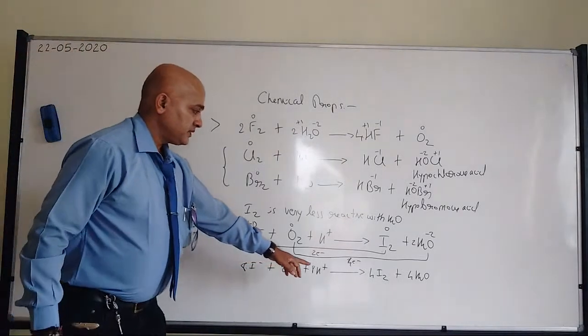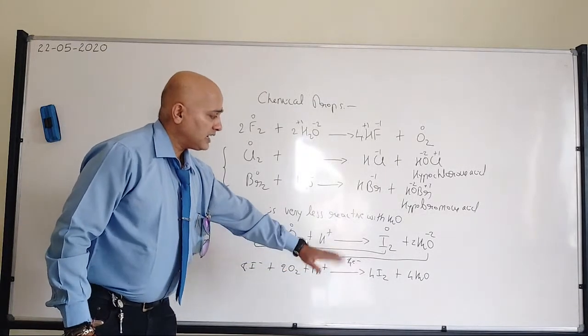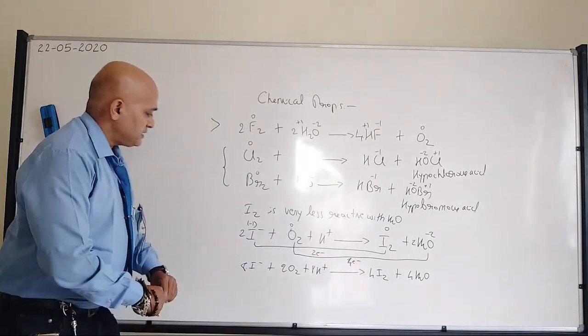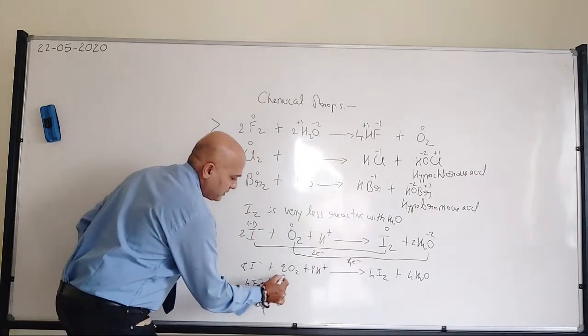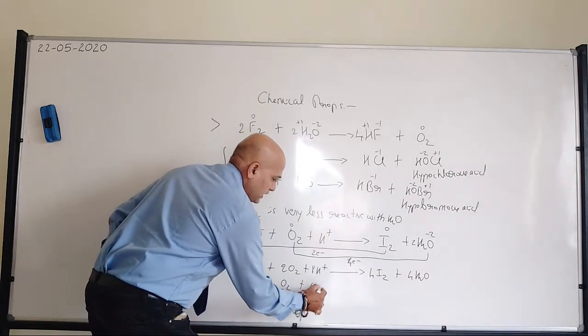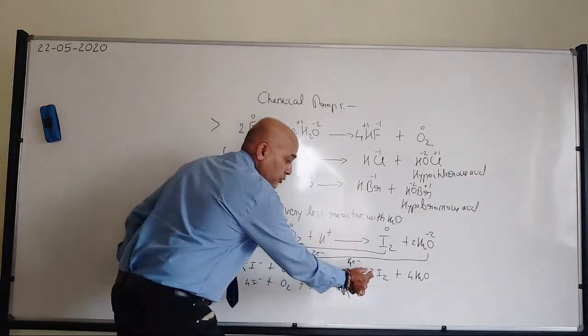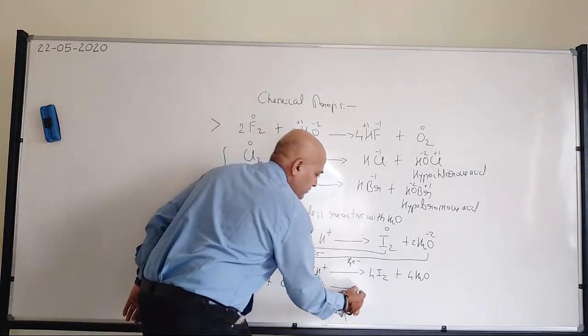Now we can reduce each one to half. So wherever 8 is there, you can make it as 4 iodide, and wherever 2 is there, you can make it as O2. Or you can keep it like this also, no problem. You can keep it as it is, or make it half.